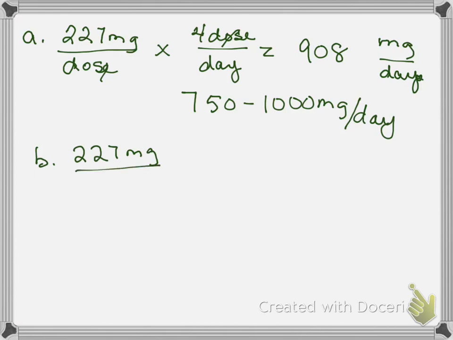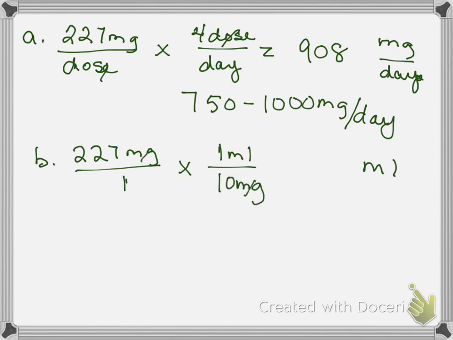And this you can either do per dose or over 1, whichever one you want to do. And times what I have on hand, and I'm looking for mLs. So I go 1 ml over 10 milligrams.